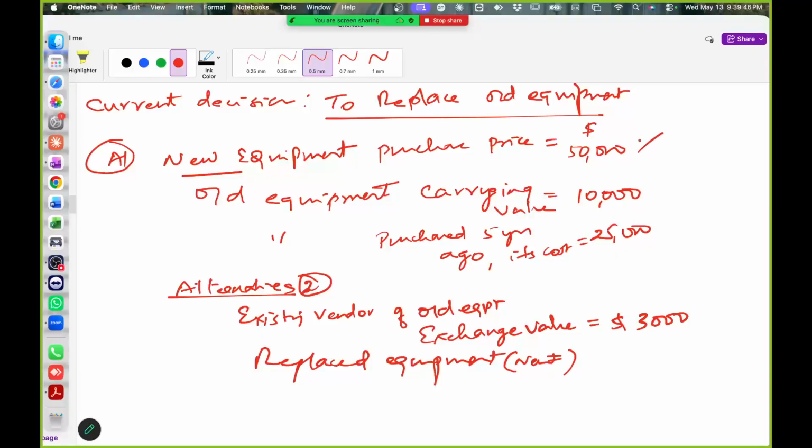If you buy from another vendor, this is the existing vendor, who replaces the equipment with new, that fellow is telling 37,000.